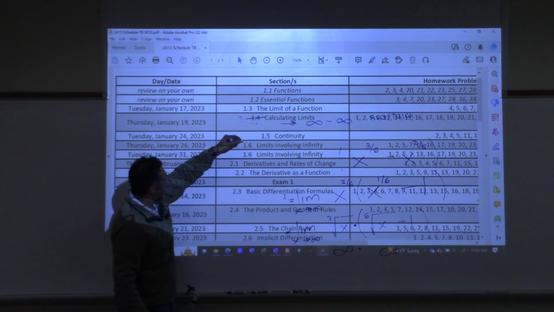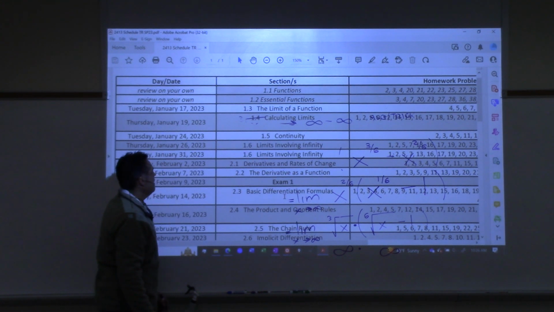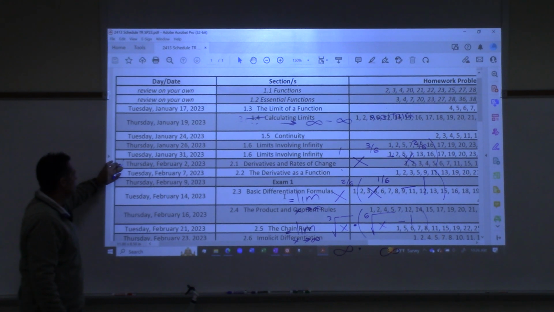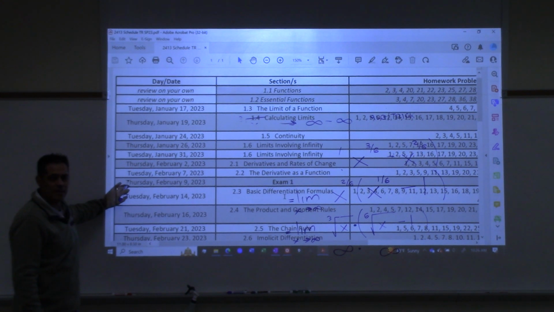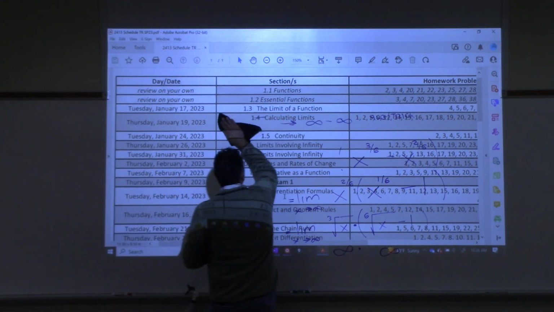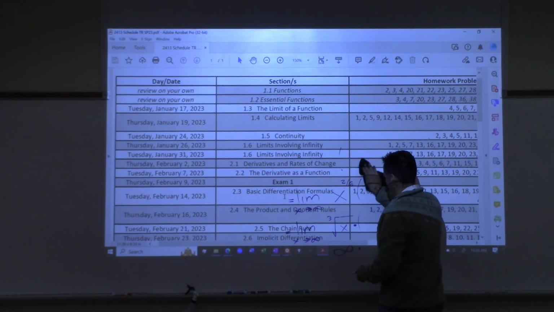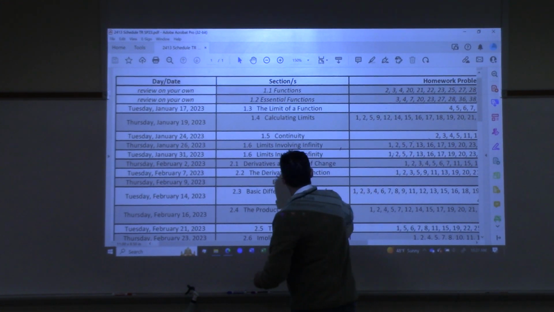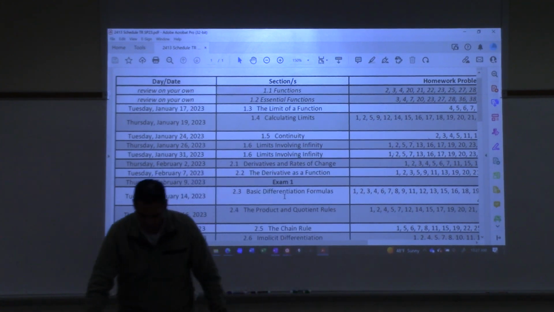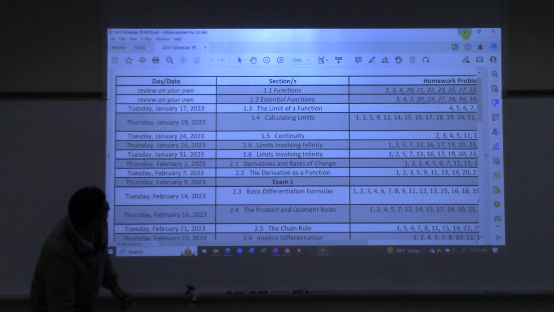So it's like these two are switching places. And then we will start chapter 2 next week, so we finally get to the heart of what this class is about, which is derivatives. And then we'll have our first exam on the 9th. So we still have 2 weeks before our exam? So we're on track, is what I'm getting at.